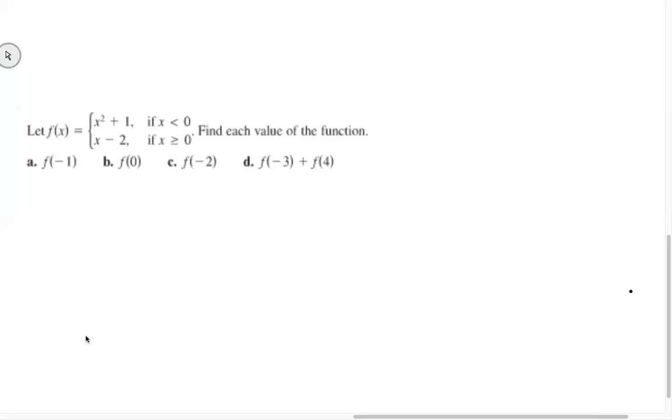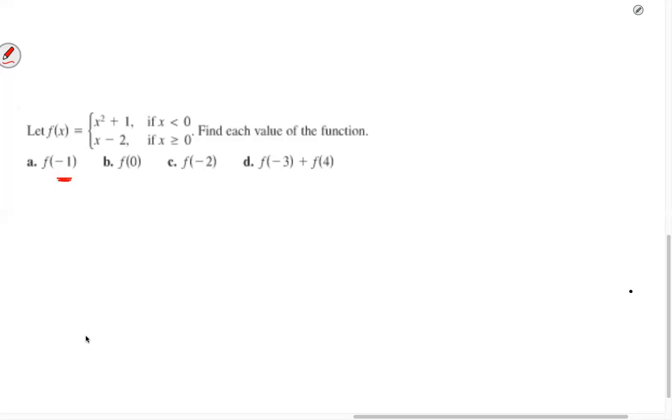So here, this function, f of x, behaves like x minus 2 when x is greater than 0. And it behaves like x squared plus 1 when x is less than 0. So this is what it means. Look at negative 1.